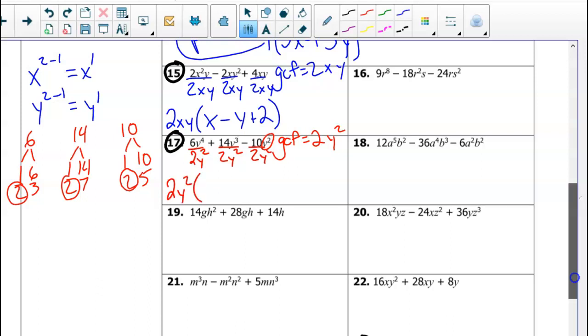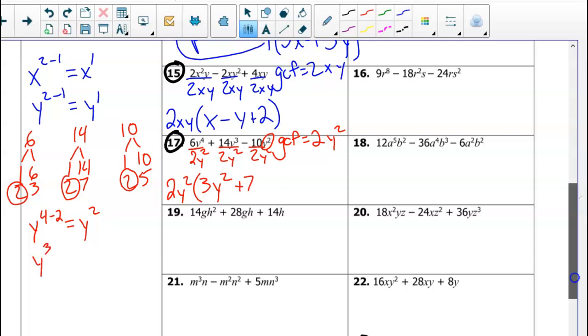6y to the 4th over 2y squared. 6 over 2 is 3. And then I really have to remember my exponent rules: when I'm dividing like bases, I am subtracting. So this would become y squared. 14 over 2 is 7.